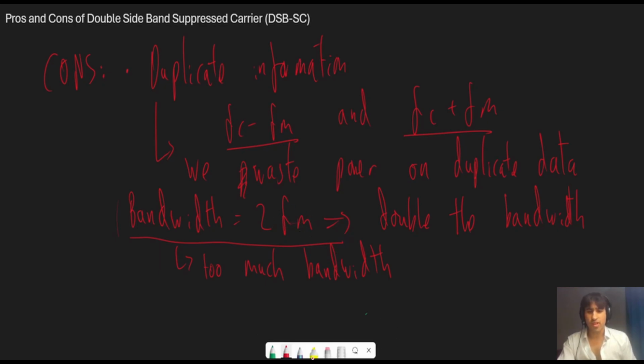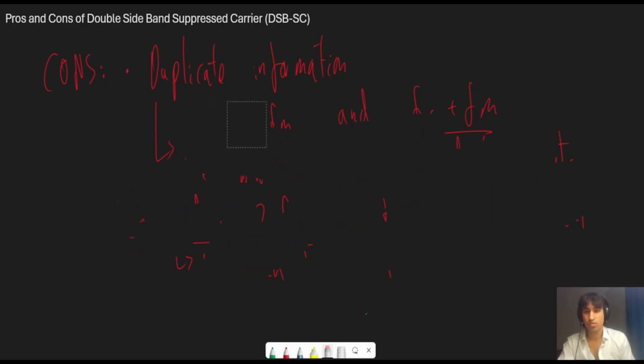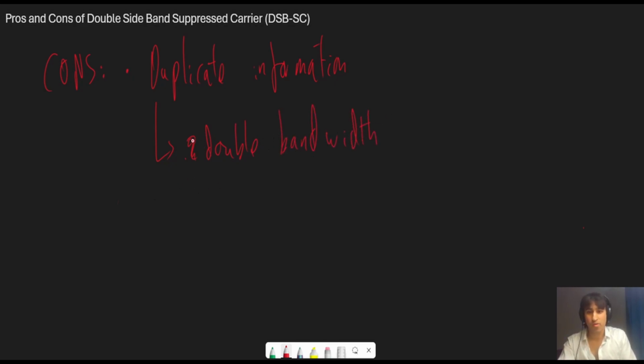Okay, so let me rub this out. So duplicate information means double bandwidth. And majority of the times we are actually limited in bandwidth. So double bandwidth is no good.